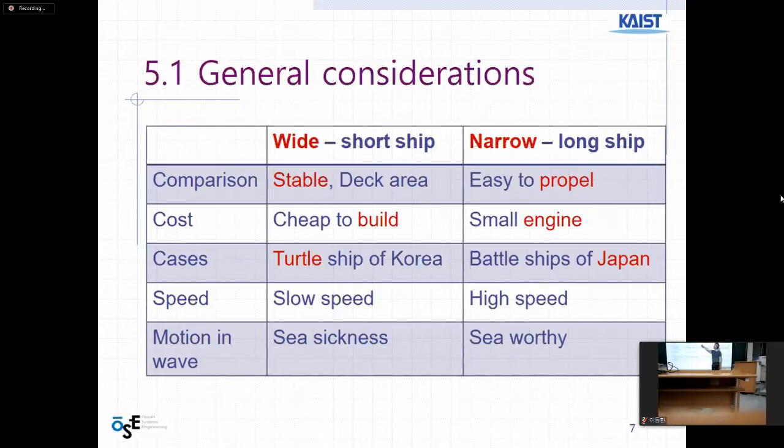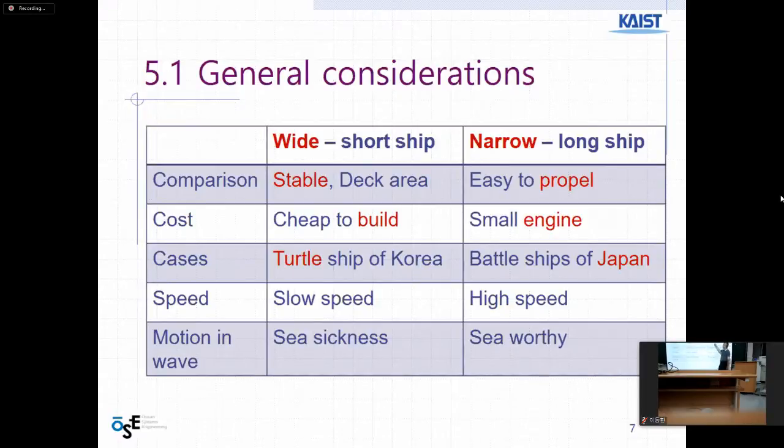Cost-wise, the turtle ship is easy to build because it is flat and round. But there is no engine, so I'm talking about the power. Small power is required for the wide one, while the slender one needs more power for faster speed.